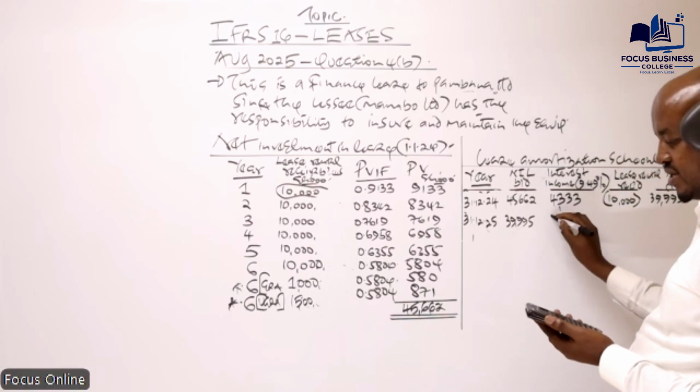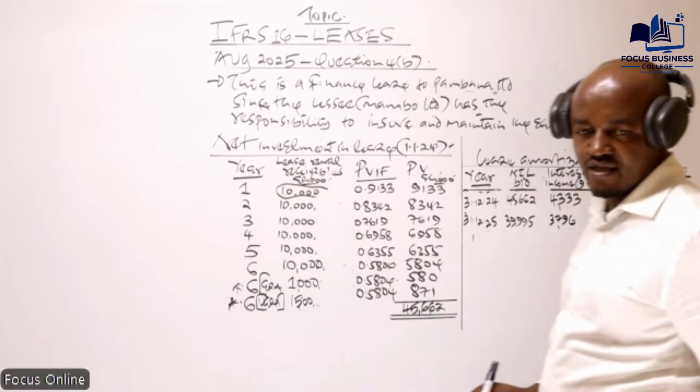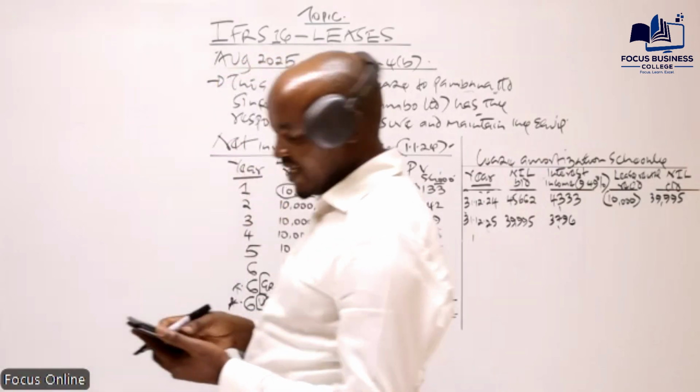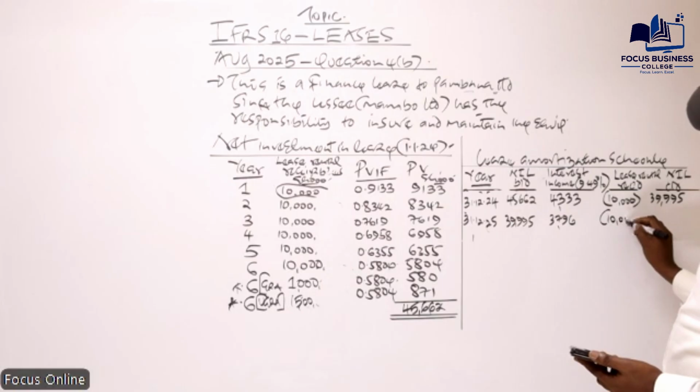Okay, so we are getting 3,796. Is that what you're getting? Yes, that is confirmed by Ida. Thank you, Ida. So then the amount which was paid here was basically 10,000.